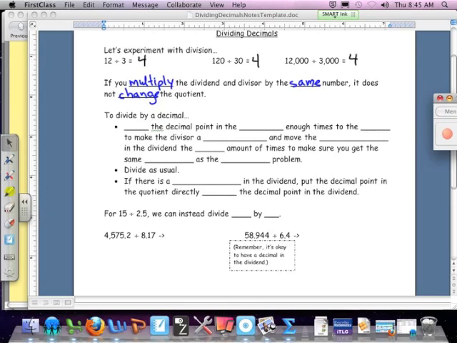So therefore, if we're dividing by a decimal, we can swoop that decimal point out of the divisor.